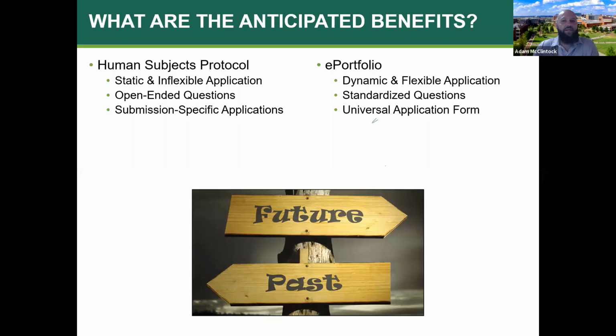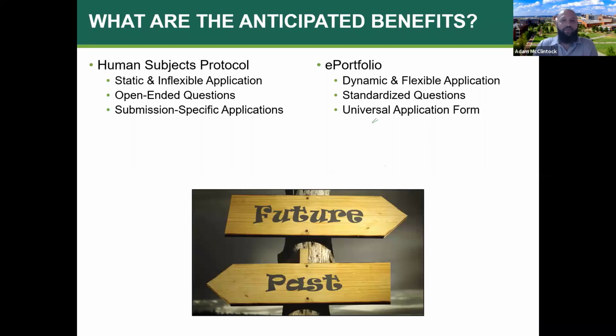The HSP model that we use now has submission-specific applications. So there's an application for the not human subjects request, for exempt requests, and then also for requests for review by the IRB. So the ePortfolio, based on the branching logic, has a universal application form for all of those different submission types.